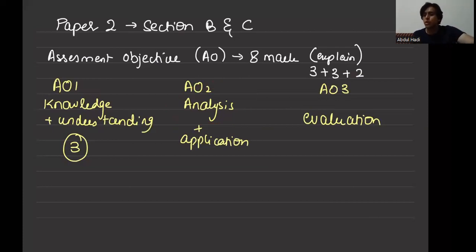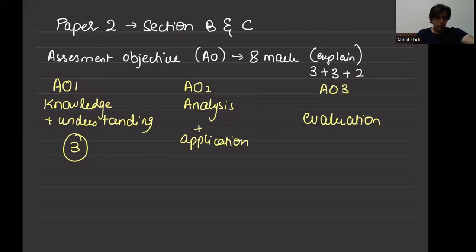For example, there's a question saying that country X is facing recession and the government needs to impose some policies to get out of that recession. Discuss how the government can achieve that. If your answer does not have any analysis or application, your answer will lie in AO1, assessment objective 1, which means that your answer only has knowledge and understanding.